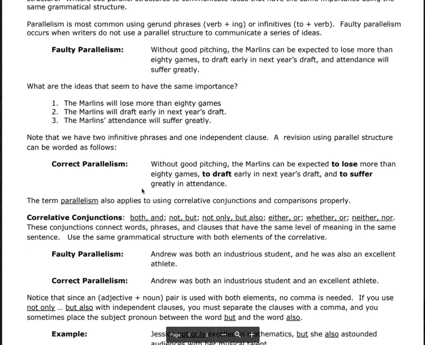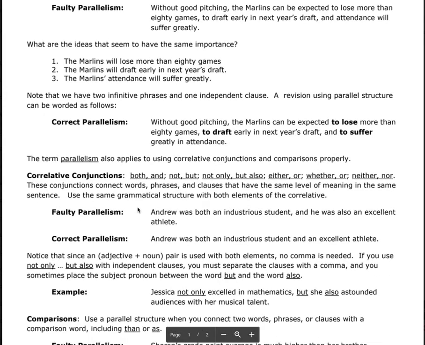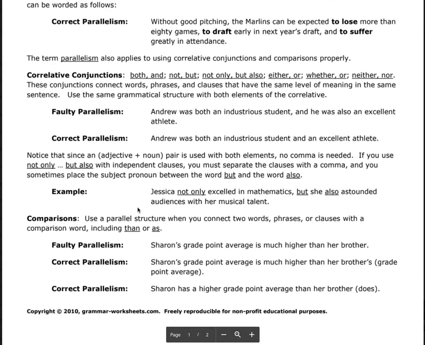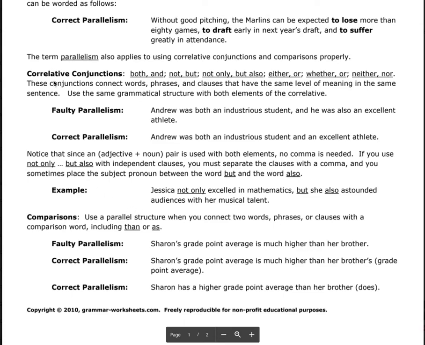Okay, parallelism can also come when applying correlative conjunctions and comparisons. Correlative conjunctions are both and, not but, not only but also, either or, whether or, neither nor.